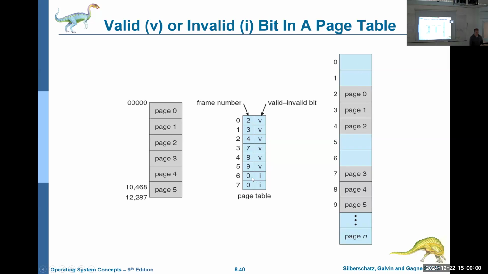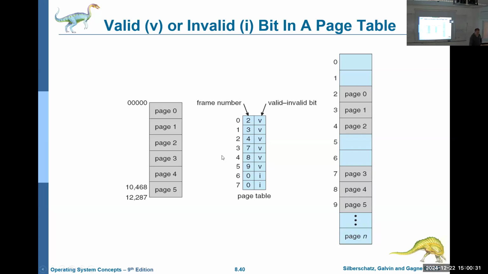Because remember, these page tables are memories, so there's always going to be values in them. You can't have no value. Worst case, it's 0, but it's still going to be a value there. So if he tries to go to a page that's not his, we have to tell him that it's invalid. Because the page table theoretically maps all the pages, because maybe he does have page 7, and you have to use the index to get to it. So if we decide to give him page 7, we need a page table capable of having that.